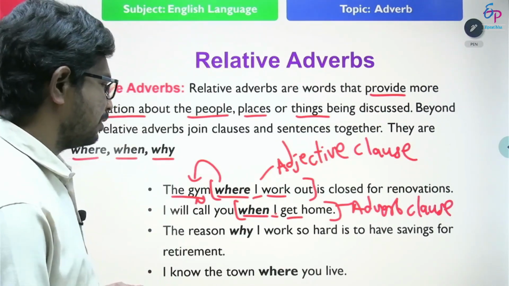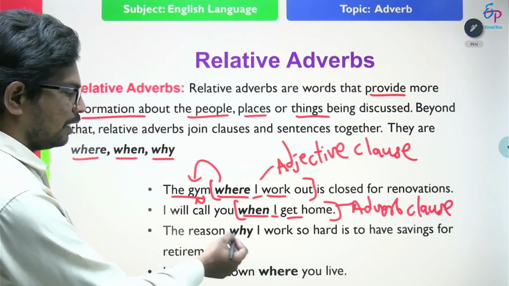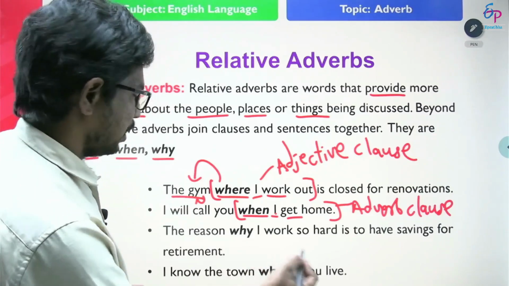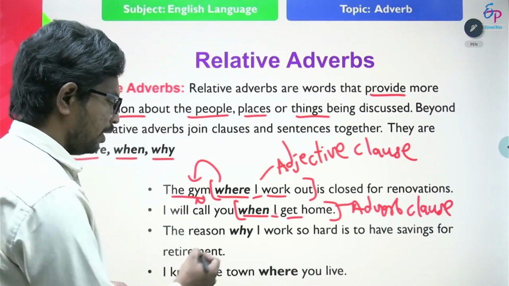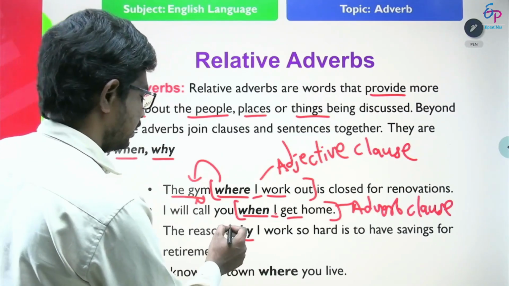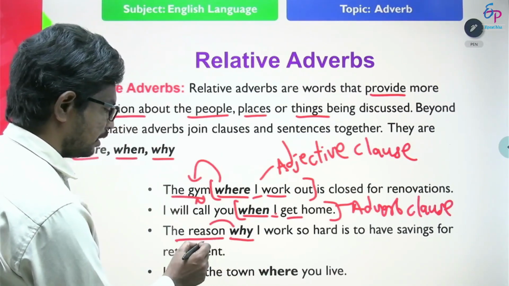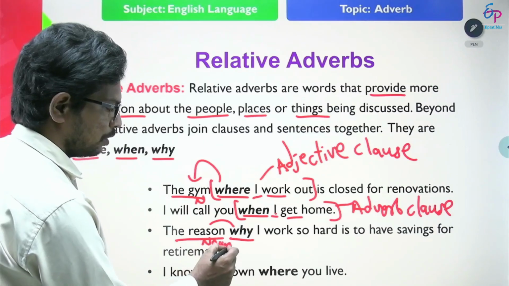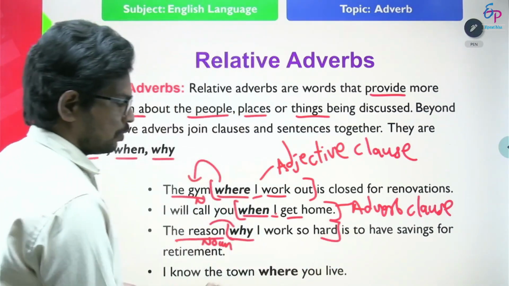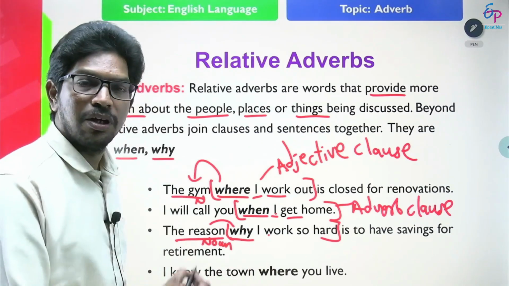Let us see one more example of how it functions. The reason why I work so hard is to have savings for retirement. So here in this example, why is a relative adverb. This is giving more information about the reason, that is the noun. It is functioning as an adjective. So the reason why I work so hard is called an adjective clause.